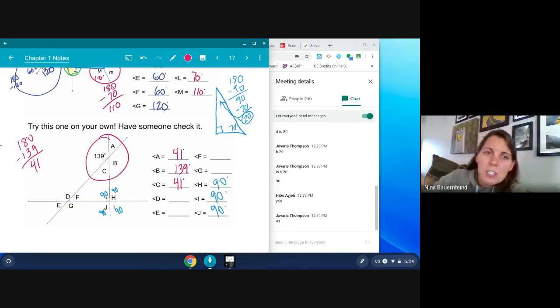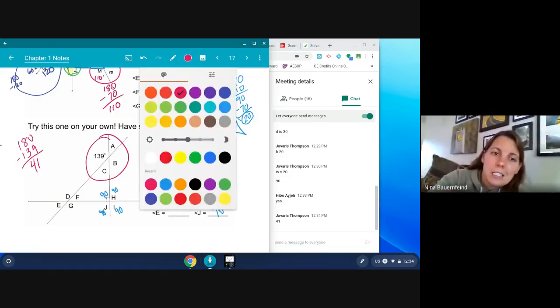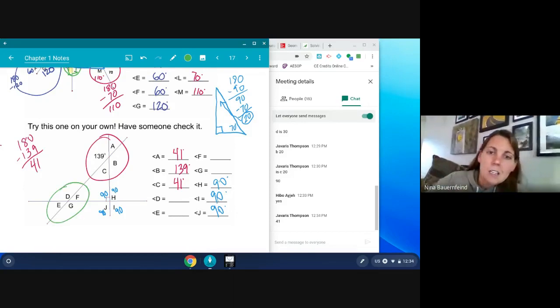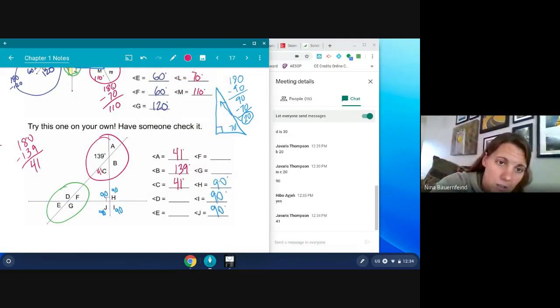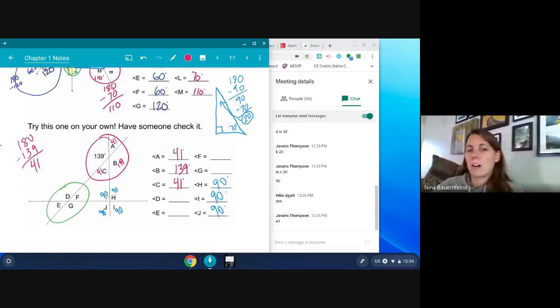So then we need to transition down here. But that's tough because we don't have any numbers there, but we do kind of have numbers. How could we figure out one of those things down there?